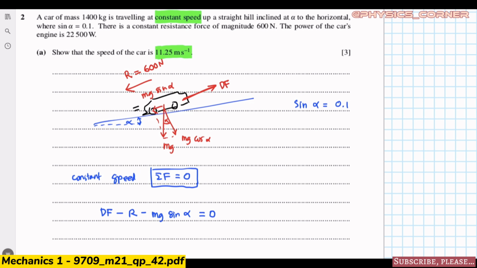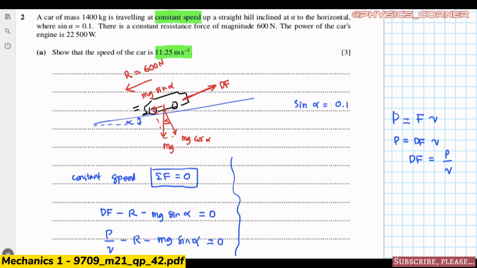We have power, which is force times velocity. So power equals driving force times velocity, or driving force equals power divided by velocity. So we can change this to P divided by V minus R minus mg sine alpha equals 0.